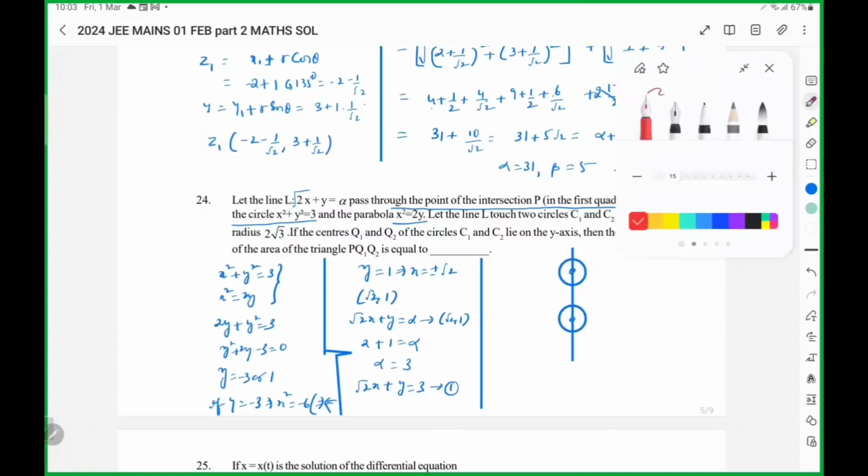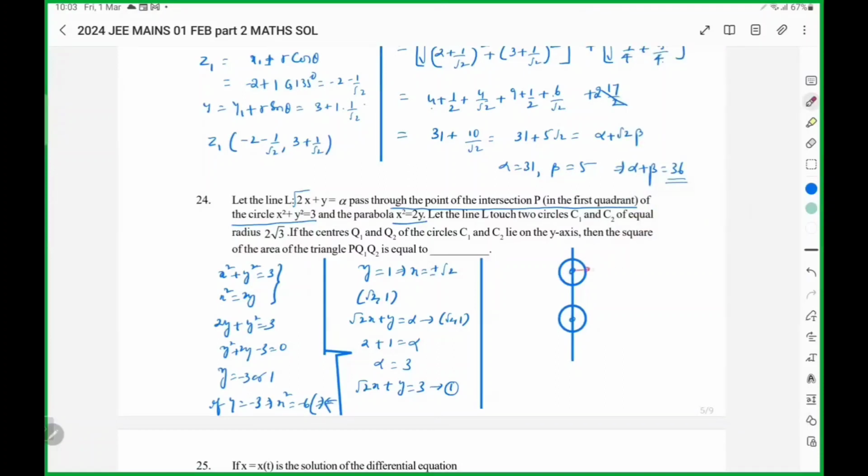Those centers, he named as Q1, Q2, with the centers C1, C2. Then the square of the area of the triangle, line passing through the point of intersection touching both the circles. Okay.